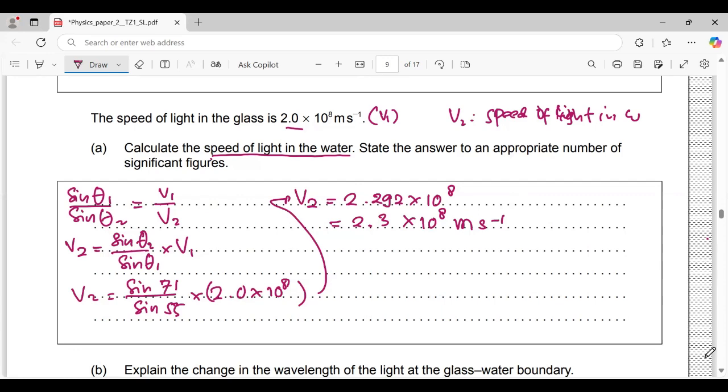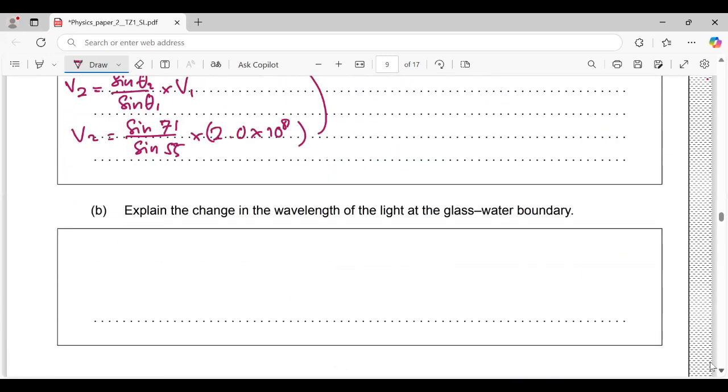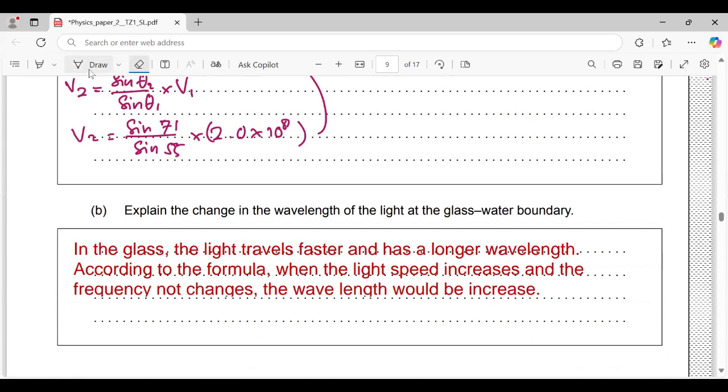Part B. Explain the change in the wavelength of the light at the glass water boundary. I have provided my explanation about this. In the glass, the light travels faster and has a longer wavelength.